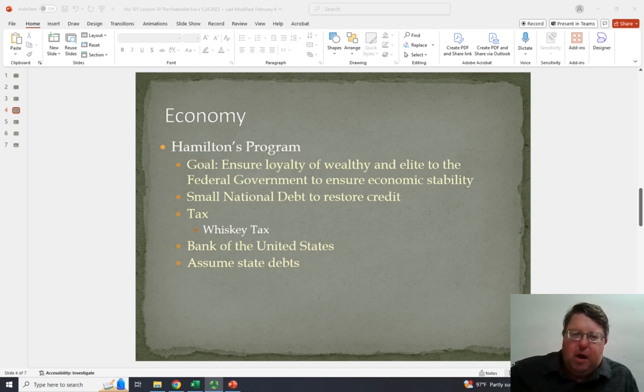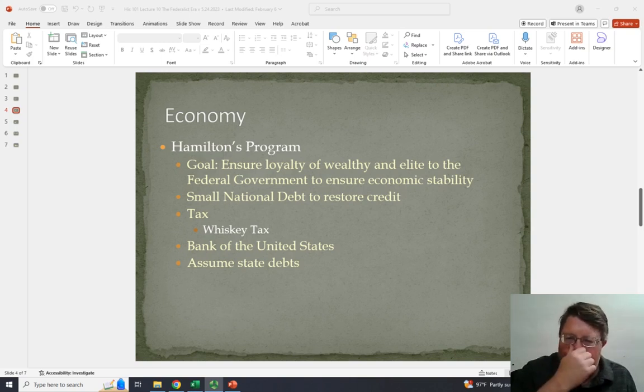The goal of Hamilton's program is to ensure the loyalty of the wealthy and the elite to the federal government, to ensure economic stability. And so when you study Alexander Hamilton's writings, his opinions, his political and economic philosophy, for Hamilton, the engine of the U.S. economy would be dollars, the money, gold and silver, the U.S. money's currency, would be the money from the wealthy and the elite.